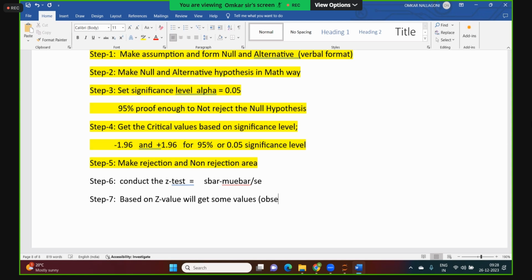From where will you get them? Directly from the Z test. Now step 8 is the conclusion, by comparing critical values and observed values.